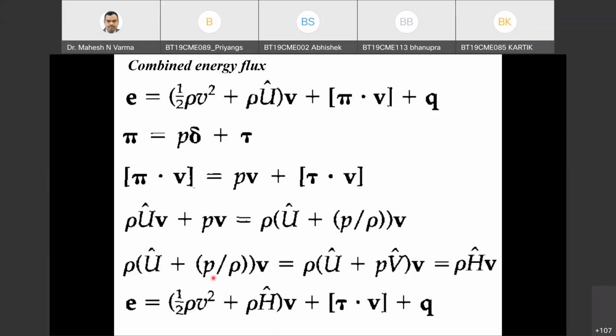This is a convective flux, and some effect of molecular flux is also there. This is the work associated with molecular transport, and this is the conductive flux. So this will be the equation we use whenever there is a change in composition, or pressure has a major role to play in the overall energy content of the system.